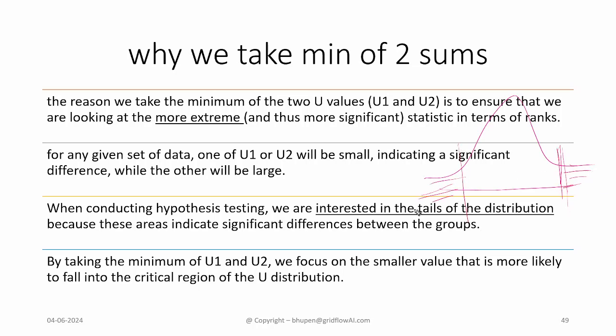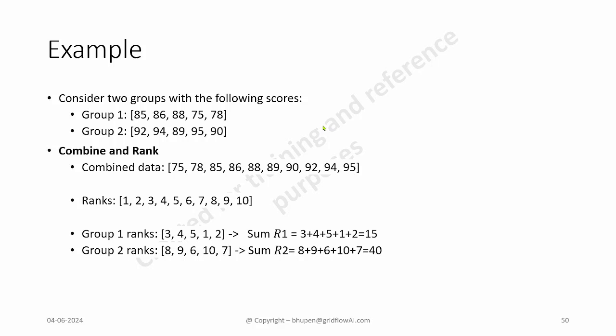If your sample, or the U statistic, falls in this region, either this region or this region, then we are in a position to make a decision whether the hypothesis should be accepted or rejected. So by taking the minimum of U1 and U2, you are focusing on the smaller value, which is really useful for us to make a decision. And that's why we consider the smaller of the two values.